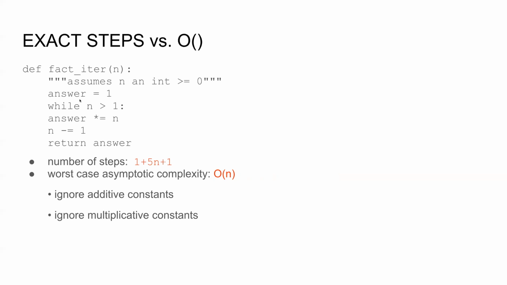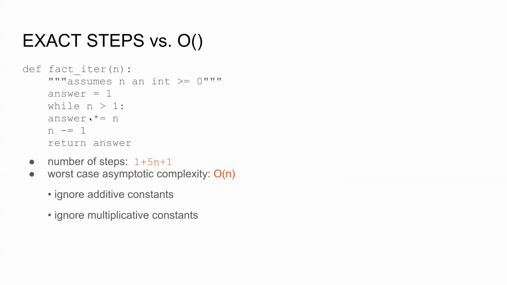Here is an example: a function that calculates the factorial of a number n. So how many steps are in the while loop?